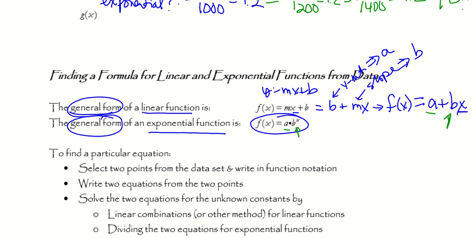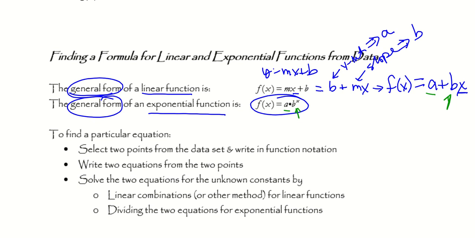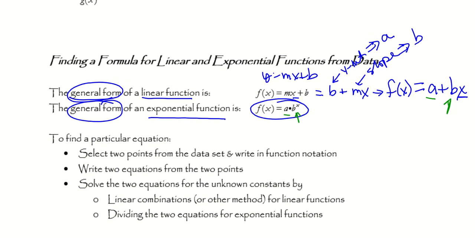All right, so once we've determined whether we have linear or exponential, we have a form that we can use, then we're going to go through this process, whether it's linear or it's exponential. Number one, we're going to select 2 points from our data set, and then we're going to write those in function notation.